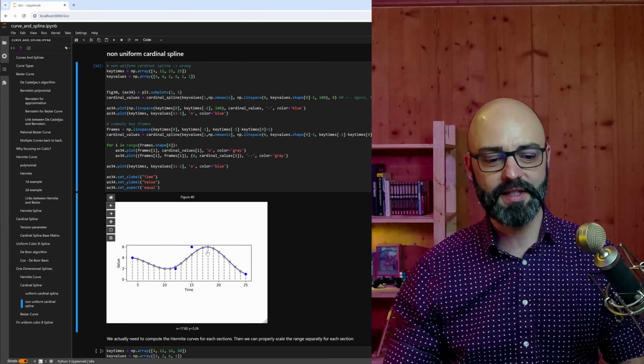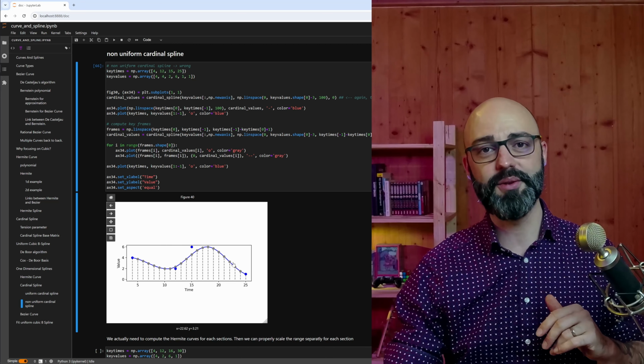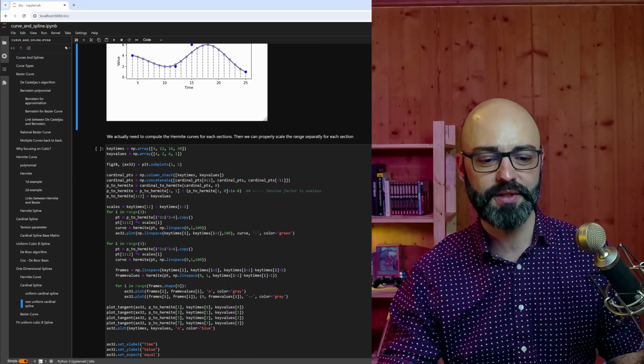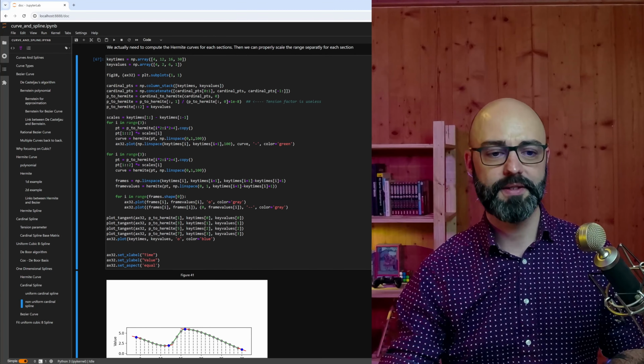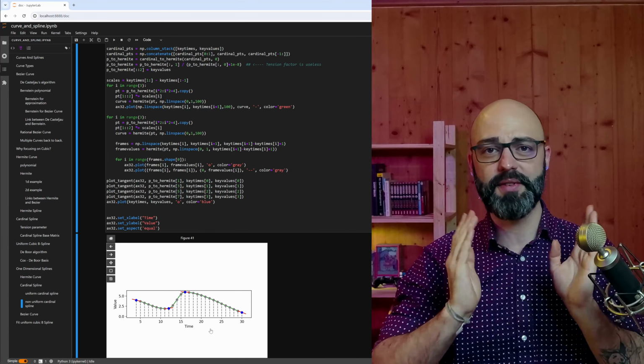What I need to do instead is actually use the fact that I can do the Hermite curve and I can stretch the Hermite curve, so I can reuse my functions that I had before, which was the one that converts the cardinal spline into a bunch of Hermite.